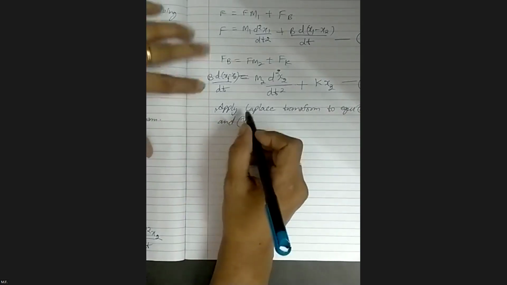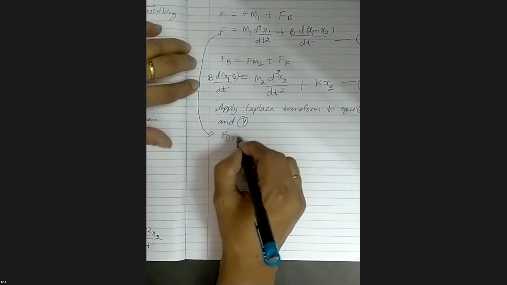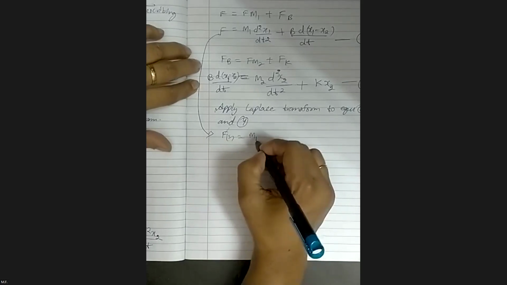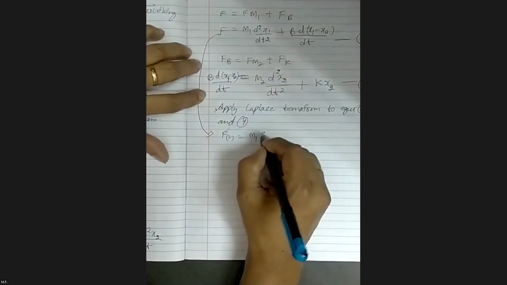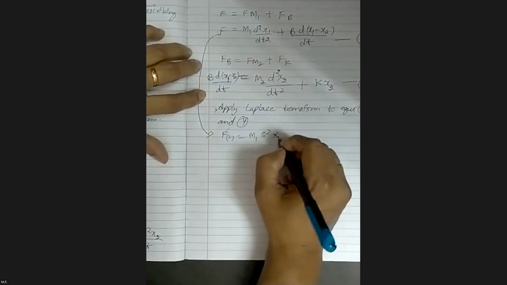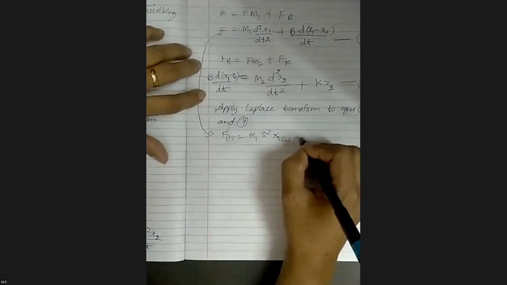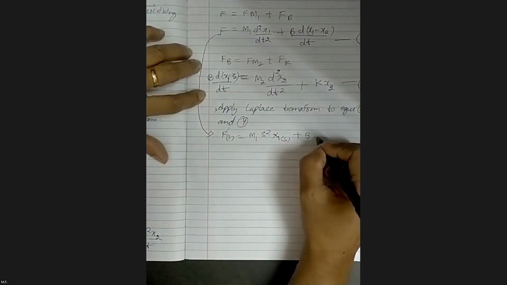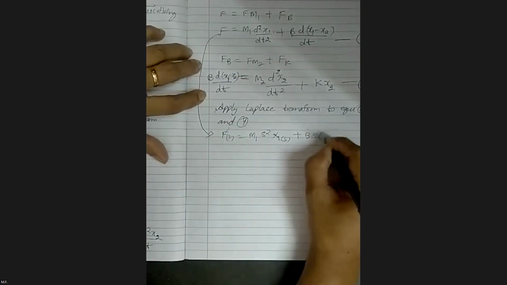Now I'm writing here equation number 3. So F of s is equal to m1, for the Laplace of double differentiation, s square will come, and instead of writing x1, I'm writing here X1 of s, as the initial conditions are taken 0. For the differentiation, s will come.